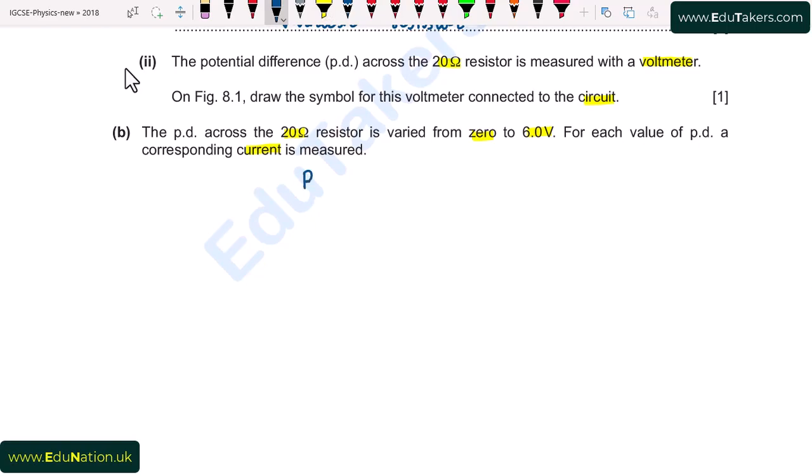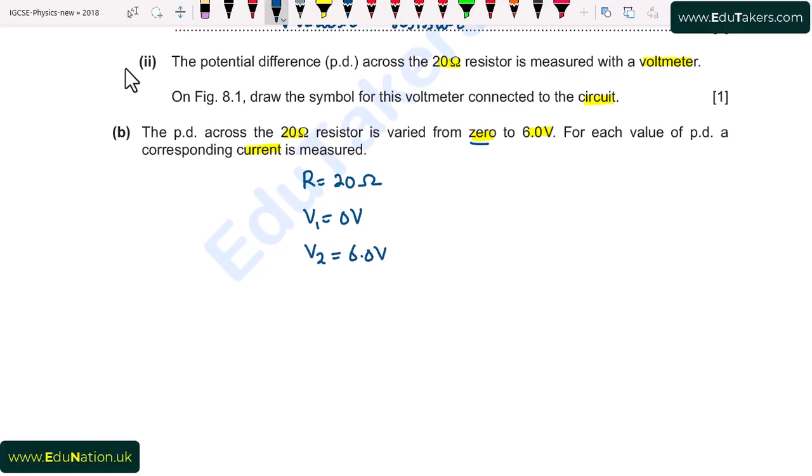I write here resistance is equal to 20 ohm. First of all potential is 0 volt, and if I write it V1, then afterwards potential is 6.0 volt.